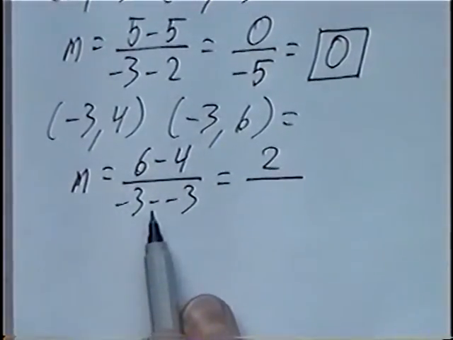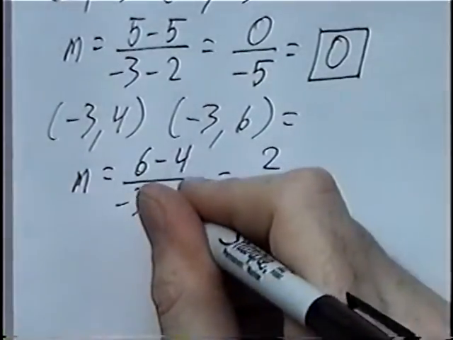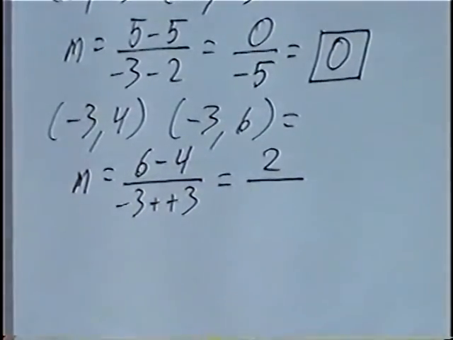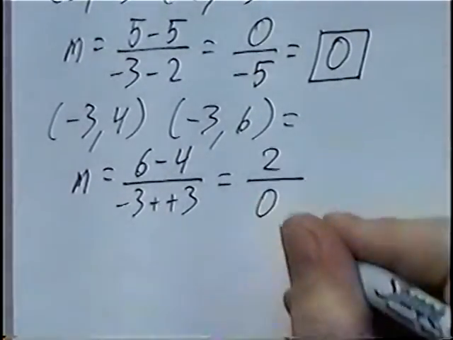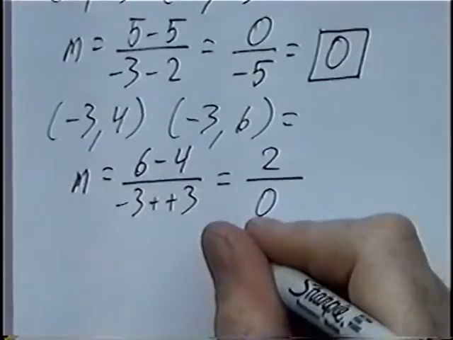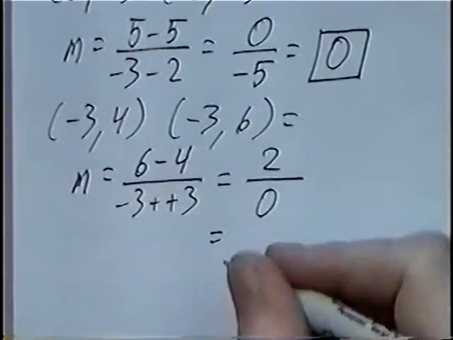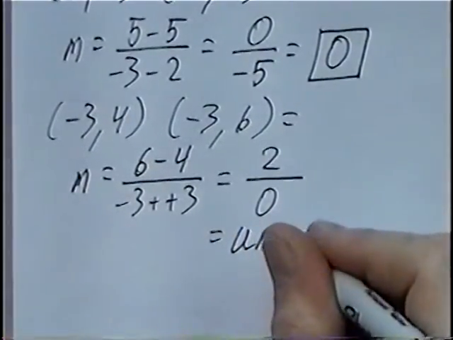And -3 minus a -3. Minus minus, we can change to positive. -3 plus 3 would be 0. And again, any number divided by 0 would be undefined.